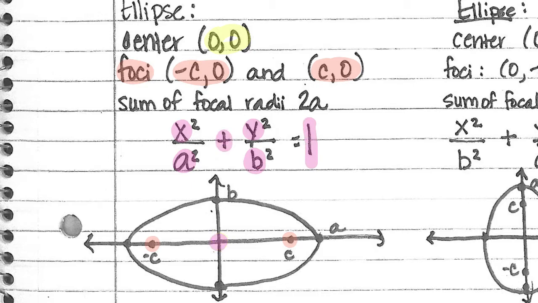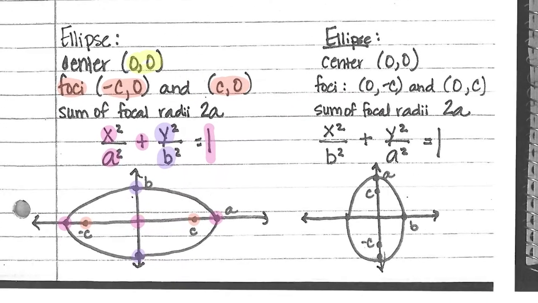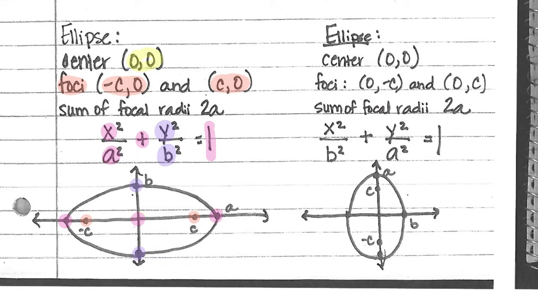We start these off at 0, 0, and we go a this way, and b this way. Notice that it changes, because the b, the number under the y, is going to go top and bottom along the y-axis, where the a under the x is going to go over the x-axis. And notice when it changes, the a now changes to be bigger and goes underneath the y.